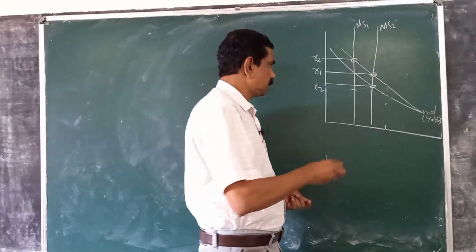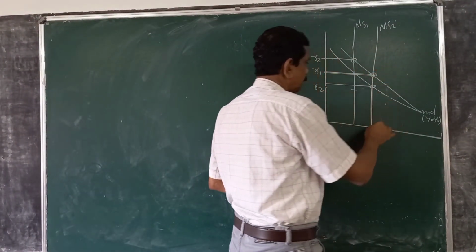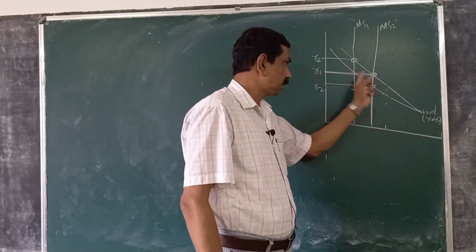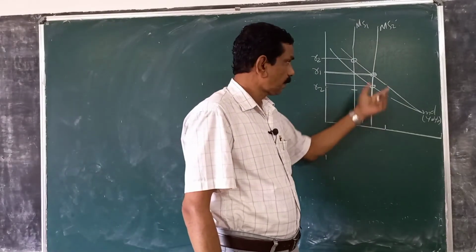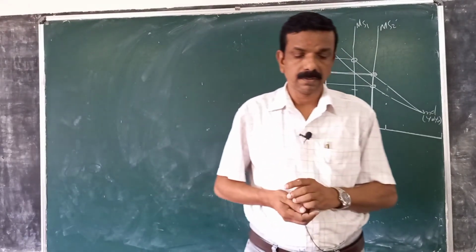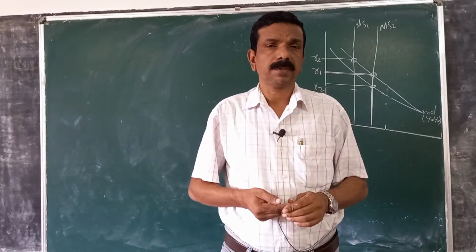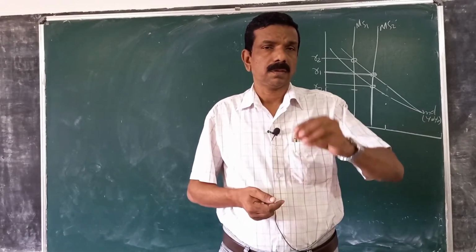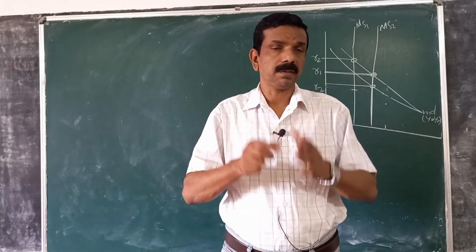On the other hand, if the monetary authorities increase the money supply when the level of income increases, the rate of interest will remain constant at R1. So the equilibrium level of interest in the Keynesian model is determined by demand for money and supply of money. So the interest rate is a monetary phenomenon. That is one point.